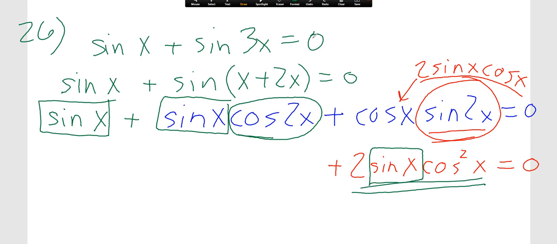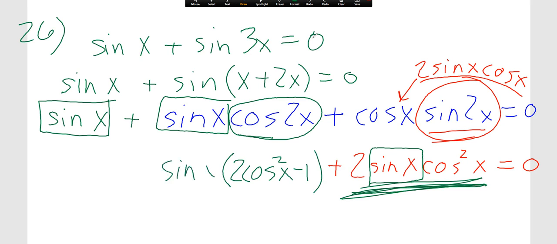I think that last term is giving me a different clue. The 2 cosine squared minus 1. So I'm replacing this one with 2 cosine squared x minus 1, times cosine x, minus 1. Okay? That's what it says right here.